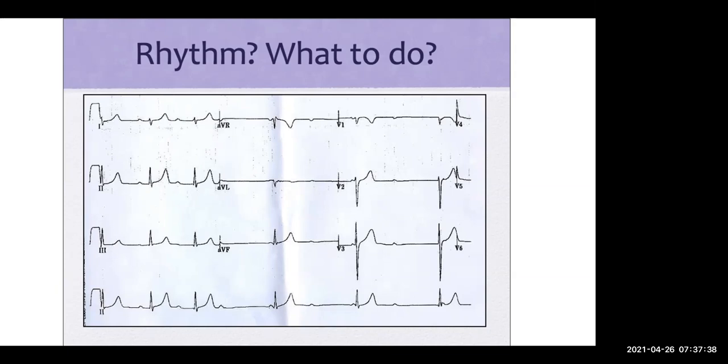Looking at the second lead below, it's definitely heart block. Let me see what kind of heart block it is. So I see that the PR is lengthening, and then there's a dropped beat on the technically third P wave.